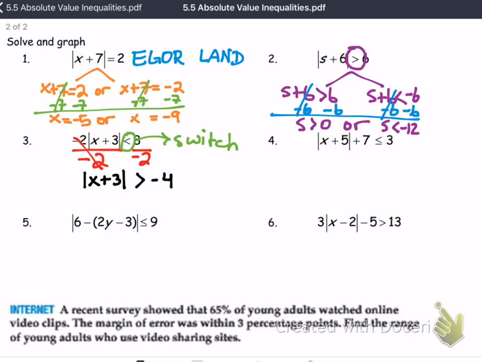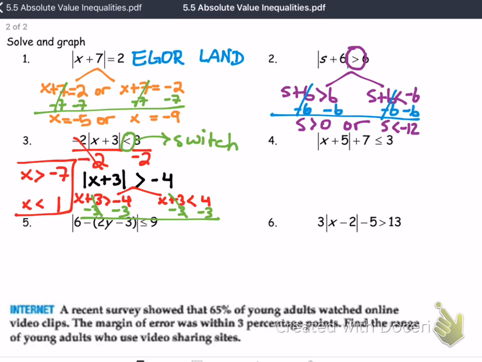So if we make branches here and start solving, what we would have to do is the regular one, x plus 3 is greater than negative 4, but also x plus 3 is less than positive 4, switching the inequality and switching the negative to positive. And then we just solve as normal. And after we solve it, we get x is greater than negative 7, x is less than 1.